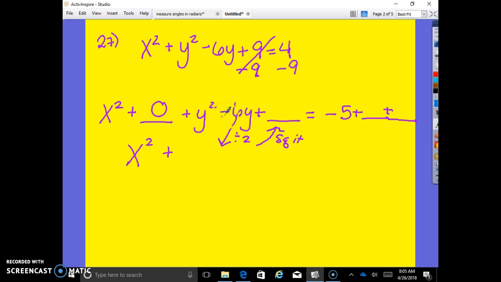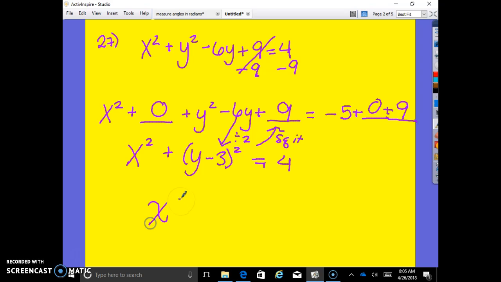Negative 6 divided by 2 is negative 3, and negative 3 squared is 9. What I do to one side of the equation, I must do to the other. Since I added 0 here, I add 0 here. Since I added 9 here, I add 9 here. Negative 5 plus 9 is 4.